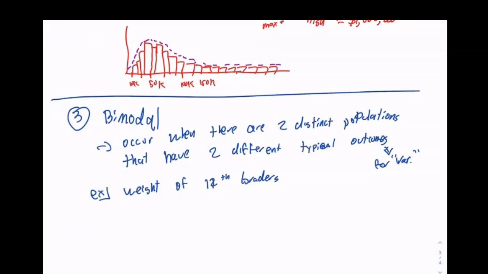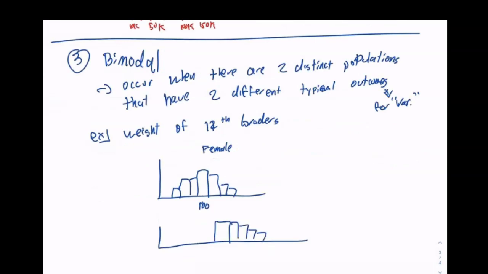So, as such, it's like a blended distribution. You might have, for example, around 100 for the females, and if I did it for the males, we said around 150 for males.